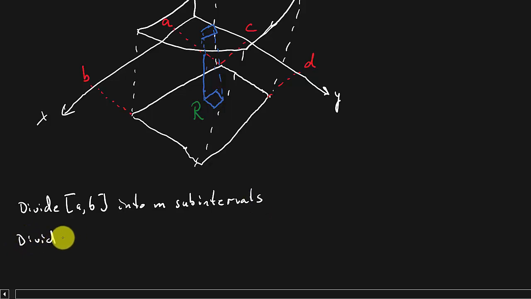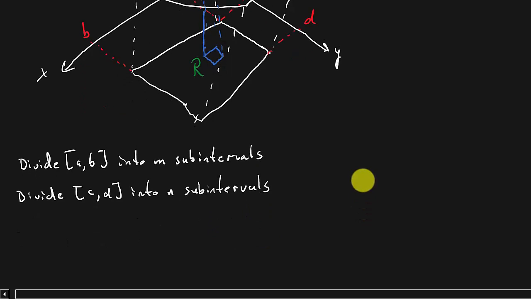And we will divide c to d into n subintervals. And that'll give us, when we divide them into the subintervals, a delta x equal to b minus a over m. We'll have a delta y equal to d minus c over n.